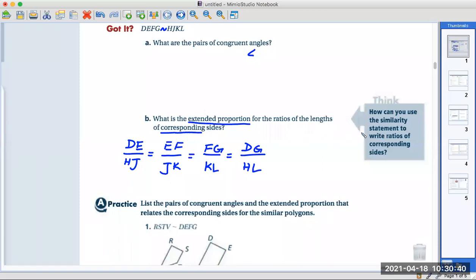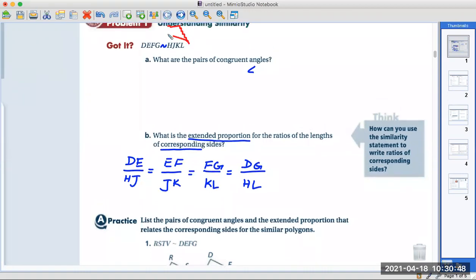And then it says here, how can you use the similarity statement, which is this one? This is your similarity statement, to write ratios of corresponding sides. What can we say? I just think it's easiest to say match up the letters.